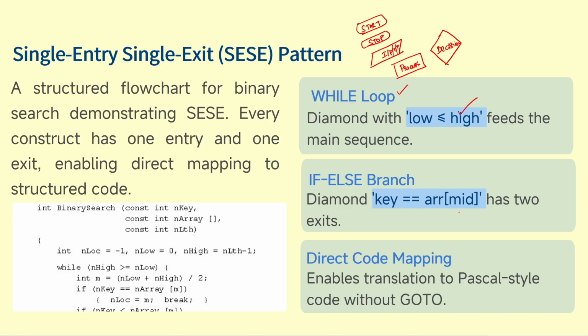This has two exits. Normally an if will have two exits, one for when it is true and one for when it is false. So this is also considered a decision in our flow chart. We try to map directly from the flow chart to your code.